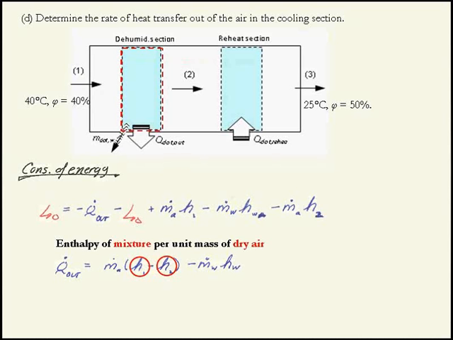So both H1 and H2 are the enthalpies that I want of both air and water together, divided by the mass of only the air. That's out of sake of convenience, because in psychrometric processes, the mass of the air usually never changes, but the mass of the water can go up or down, or stay the same, which is what's happening here.